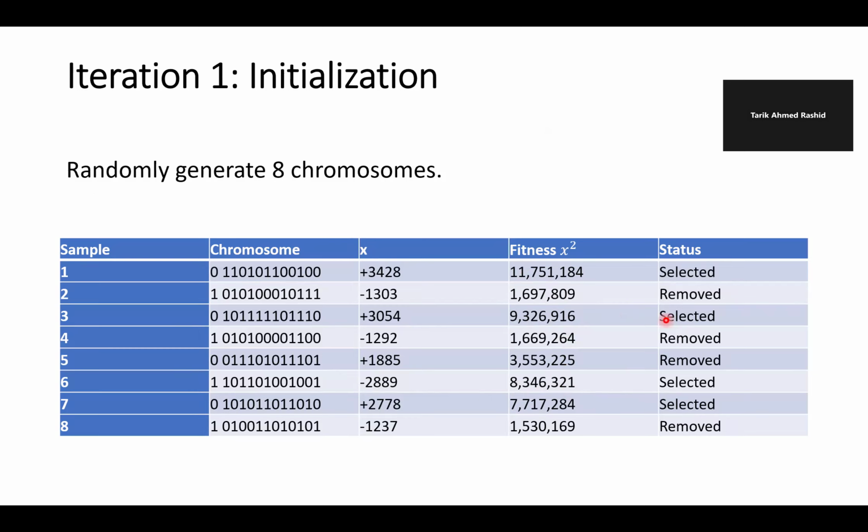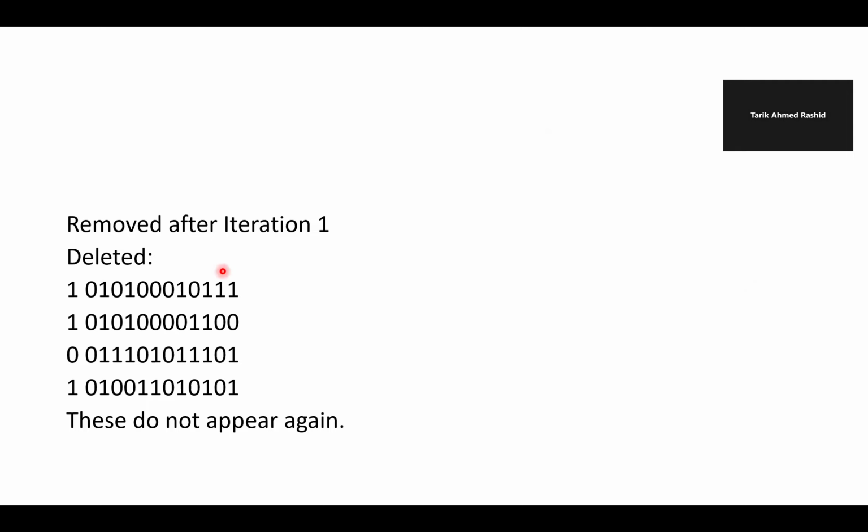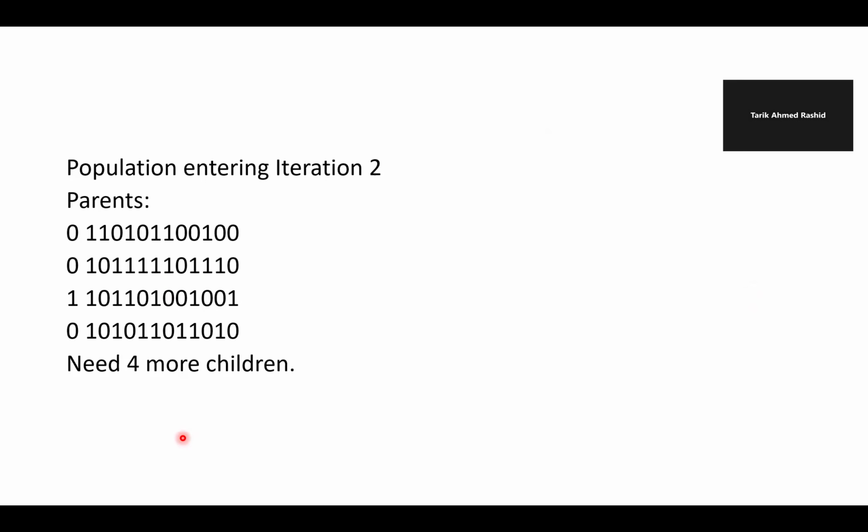The rest will be removed. So four will be removed, those that didn't have a bigger fitness function. So in this iteration four survived. These are the numbers that survived, and four were removed, deleted. So these do not appear in the next generation.